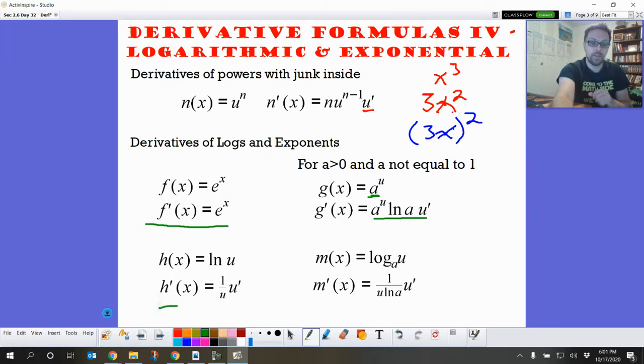Here's another goofy one. If you take the derivative of natural log, it ends up being 1 over whatever's on the inside times the derivative of the inside, similar to what's going on in that top derivative rule. If you are doing a not natural log, because natural log is related to e, so that one worked out really nicely.